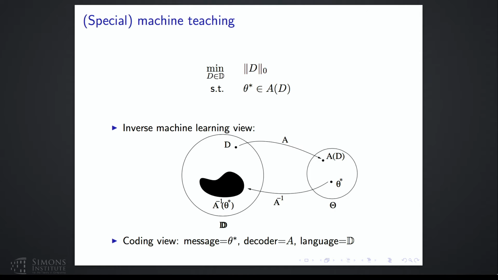So it's going to be a discrete optimization problem. And the objective is simply the size, the cardinality of that training set. Okay, so that's one thing that's special about it. The constraint says, well, if I take that training set and give it to my learner, the learner should give me back the target model, or at least contain the target model.